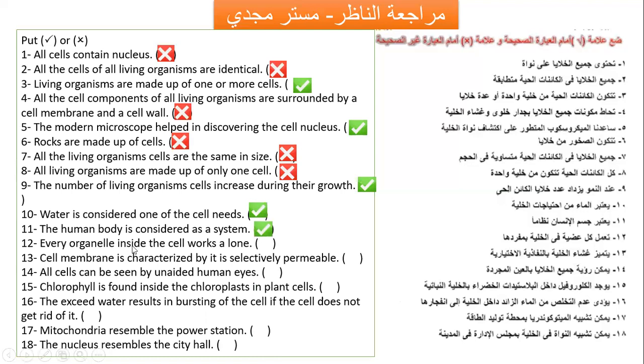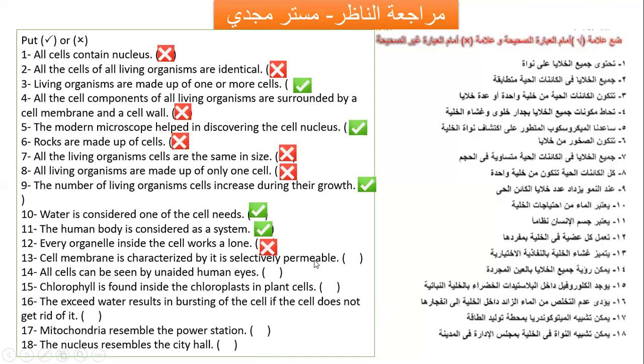Every organelle inside the cell works alone? No, nothing inside your body works alone. Everything works as one unit, as a system. Work together to keep you alive. Cell membrane is characterized by being selectively permeable.